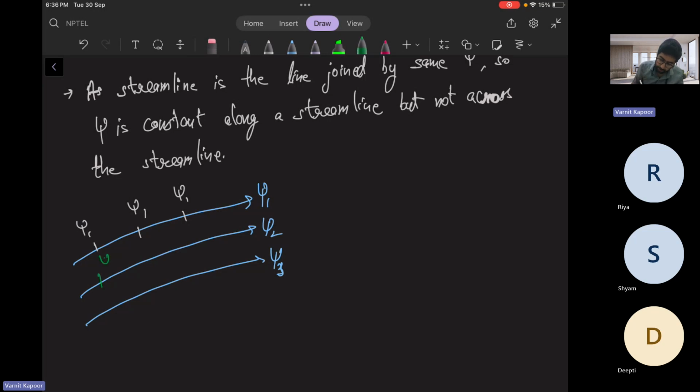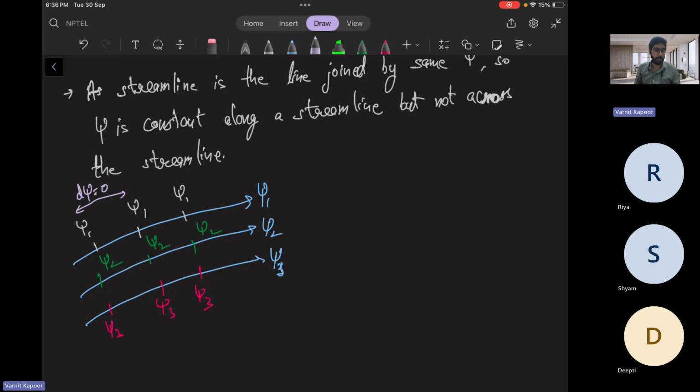Similarly here, this point is psi 2, psi 2, psi 2. And this point is psi 3, psi 3, and psi 3. And the difference along this, d psi, is always zero for every streamline.